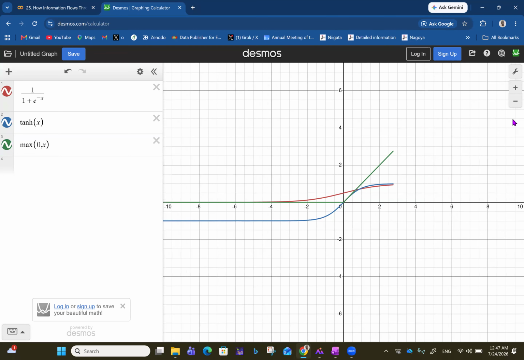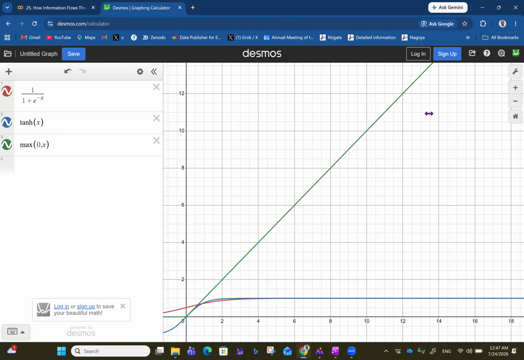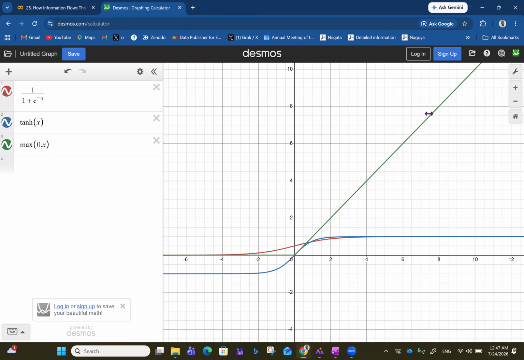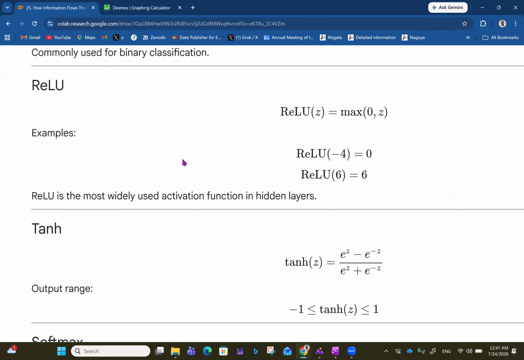Okay, let me center this a bit. So this is ReLU right here. For ReLU, everything negative lies on zero. But on the other values, every positive value goes that far up there. But if you want some moderation, you have tanh and sigmoid like that. So those are activation functions right there.